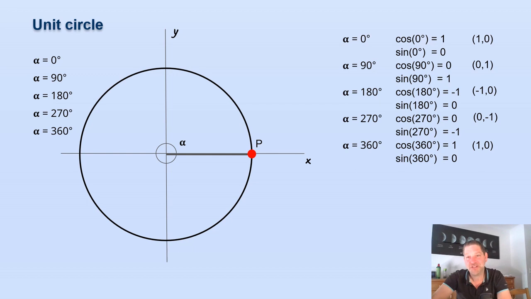And we're back at the starting position. So alpha of 360 is exactly the same as alpha of 0.